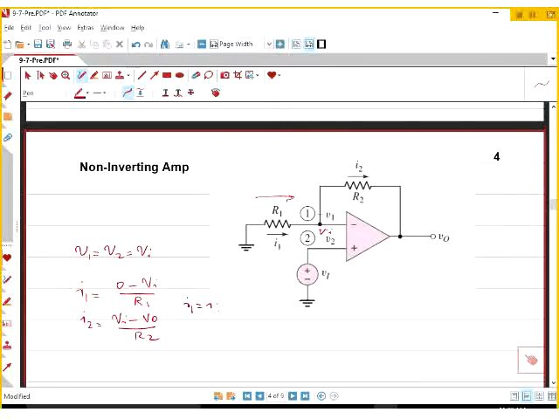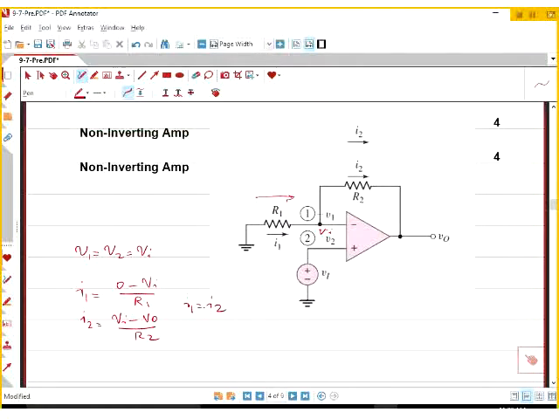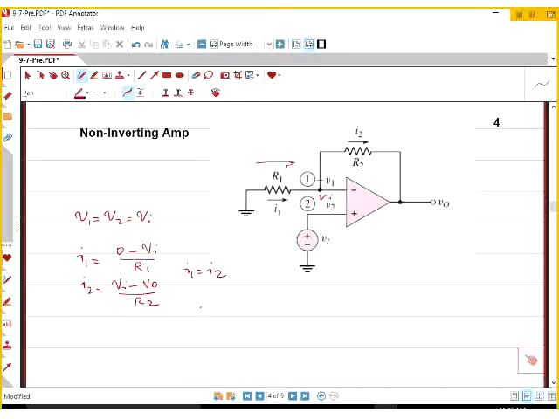We know the I1 has to be the same as I2. So you're going to get your gain equation: minus VI divided by R1 equals VI minus VO divided by R2. The gain equation is VO equals 1 plus R2 over R1 times VI.